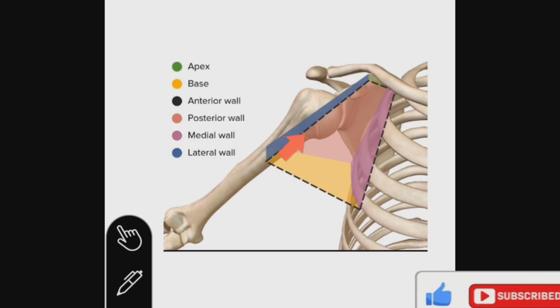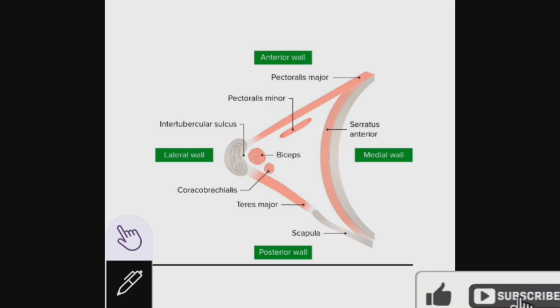Now, the contents of the axilla. So this is laterally, again, by the intertubercular sulcus, posteriorly, medially, anteriorly. So take note.